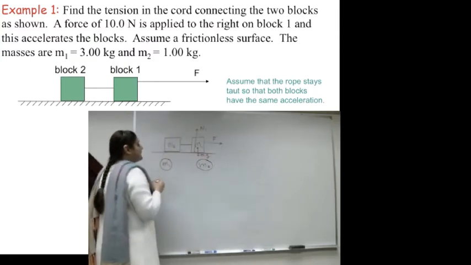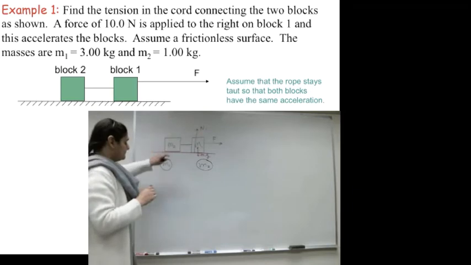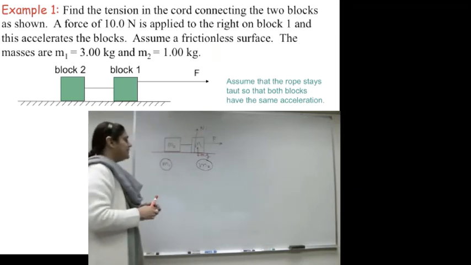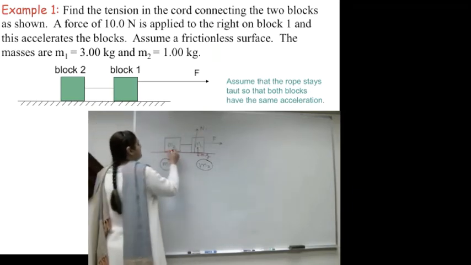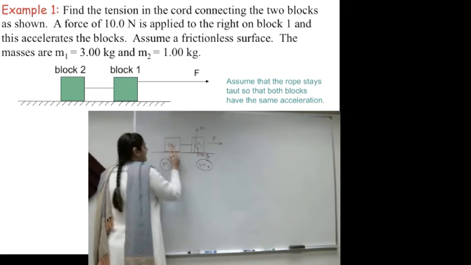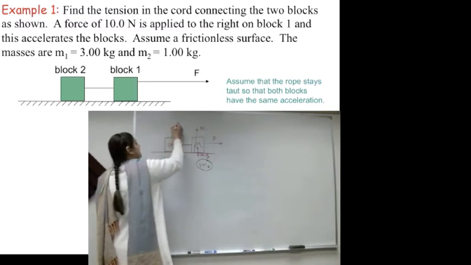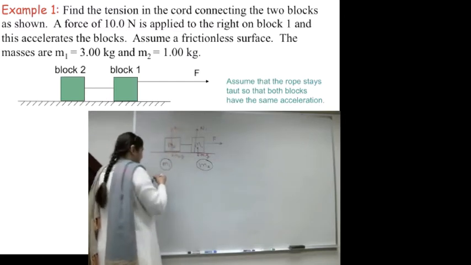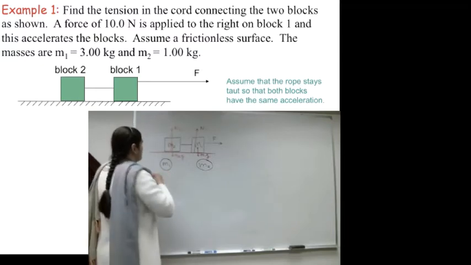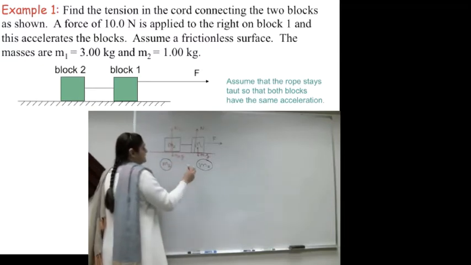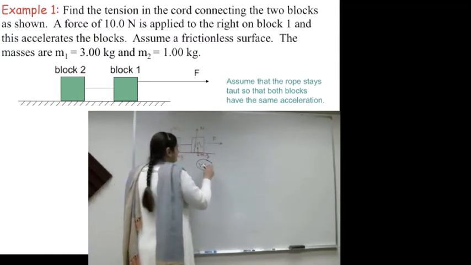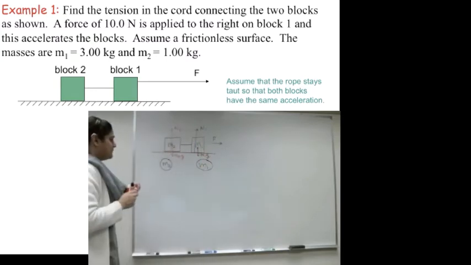And for M2, I know for certainty that it will have M2g acting downwards and a normal force acting upwards. I'm just going to call it N2. Actually, it might be easier if I call this one M2 and this one M1, just so that they follow the same category.